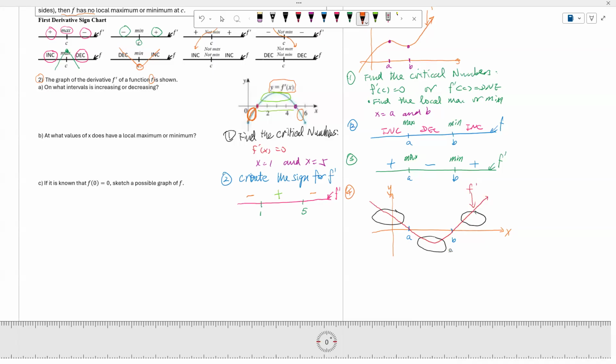So again, this one is the positive, meaning the f prime graph is above the x-axis. And then the negative means the f prime graph is below the x-axis.